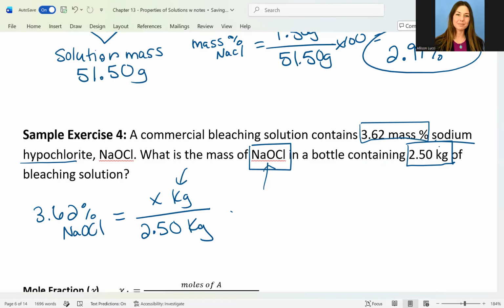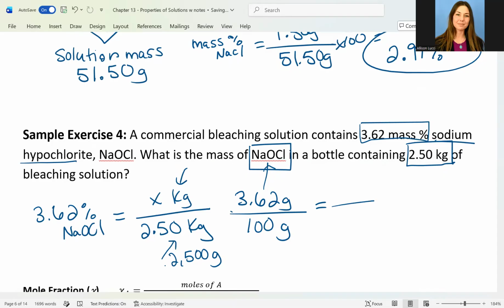So again, we'll have to rearrange this equation, but we can plug in this mass in grams. So we can change this to 2,500 grams. And then I'm going to multiply 3.62, right? I know that I would have that many grams in 100 grams of solution if I have a 3.62 solution.